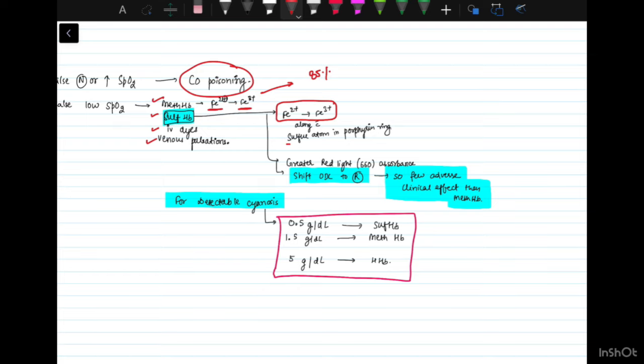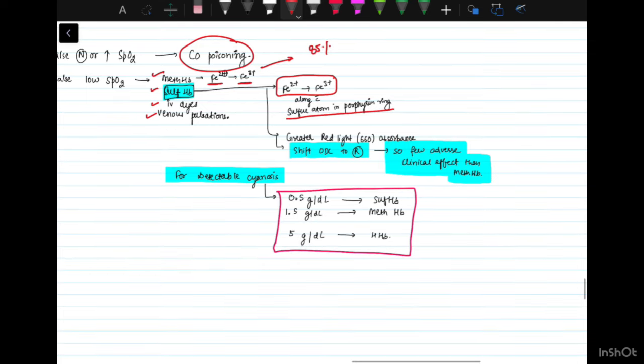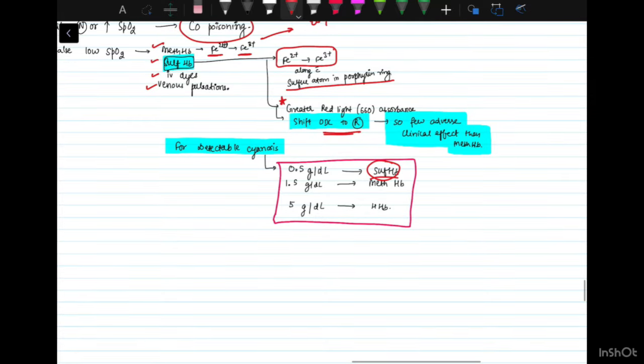But in sulfhemoglobin, there is a sulfur atom in the porphyrin ring, and it absorbs more red light, which will shift the ODC to the right side. So there are fewer adverse clinical effects as compared to methemoglobin.